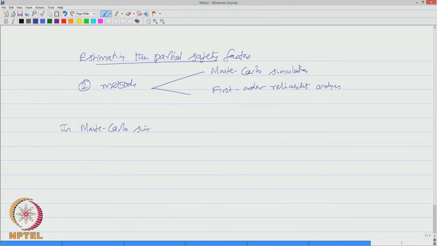In Monte Carlo simulation, the effect of random variations of all parameters are to be considered.